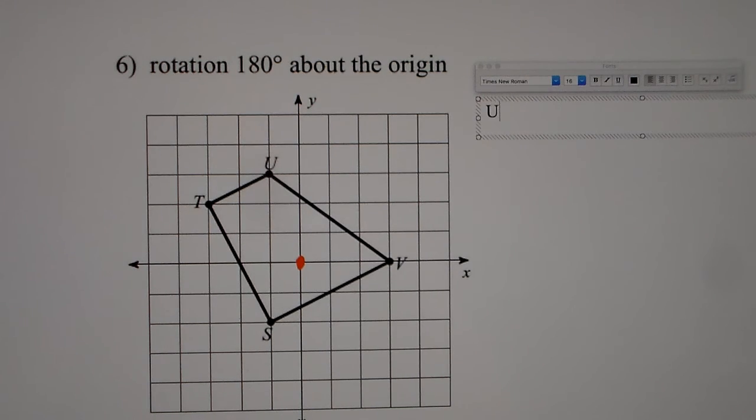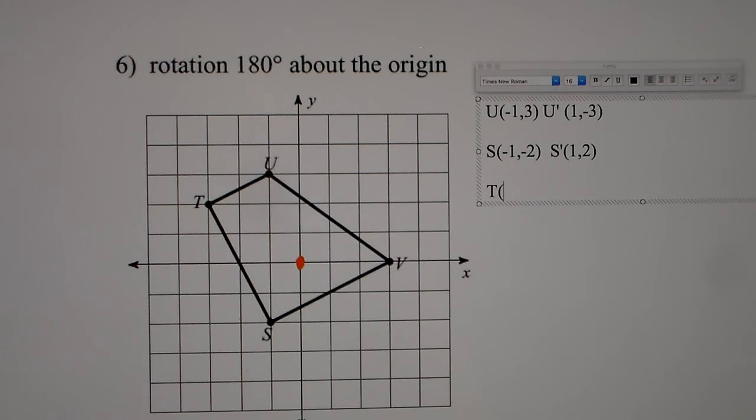So our coordinate U is negative 1, 3. So U prime is going to be the coordinate 1, comma, negative 3. S is negative 1, negative 2. So S prime is going to be 1, comma, 2.